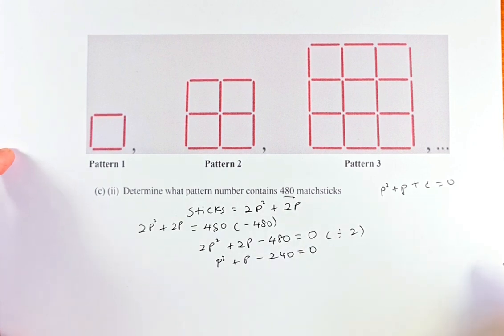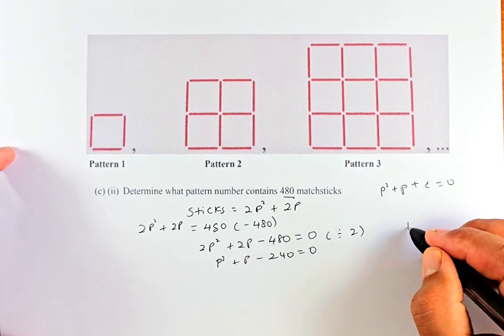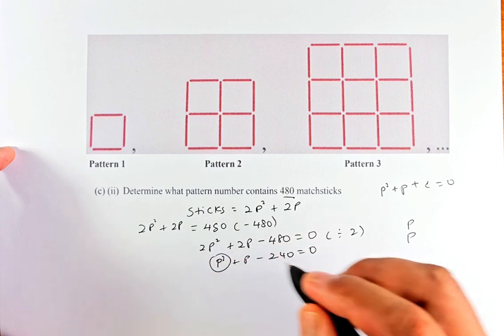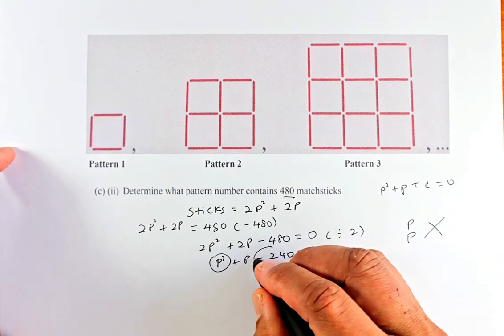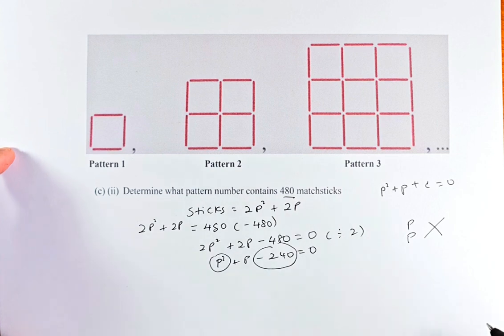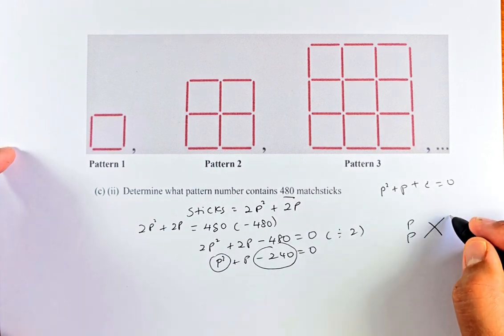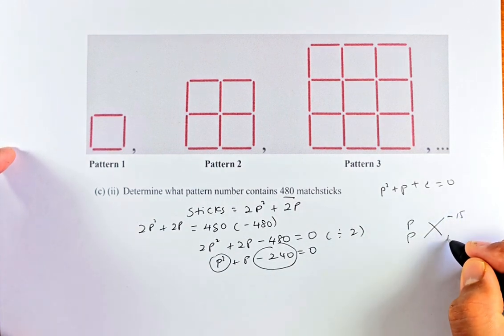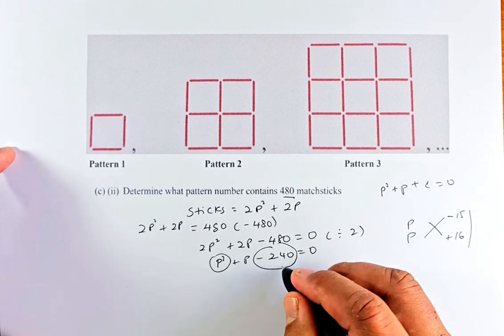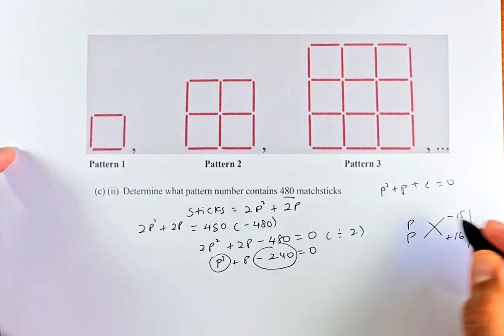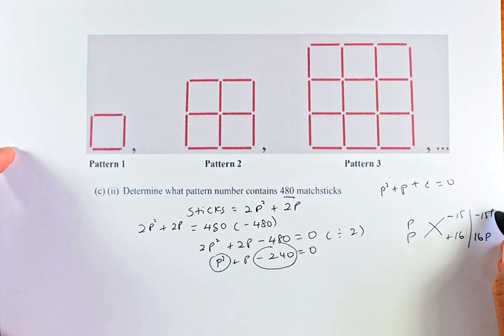Now we're going to solve the quadratic. We're going to do p and p because the factors of p squared are p and p. Then minus 240 means one of them has to be a negative number and one a positive number. I've tried minus 15 and plus 16. We try it: 16 times minus 15 is minus 240. So 16 times p is 16p, minus 15 times p is minus 15p, and when you add them up, it's p in the middle.